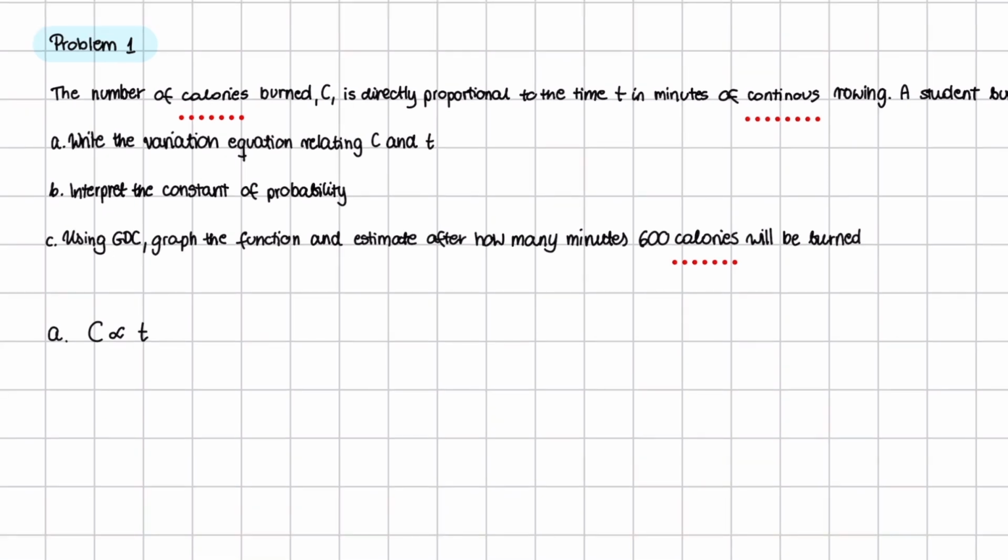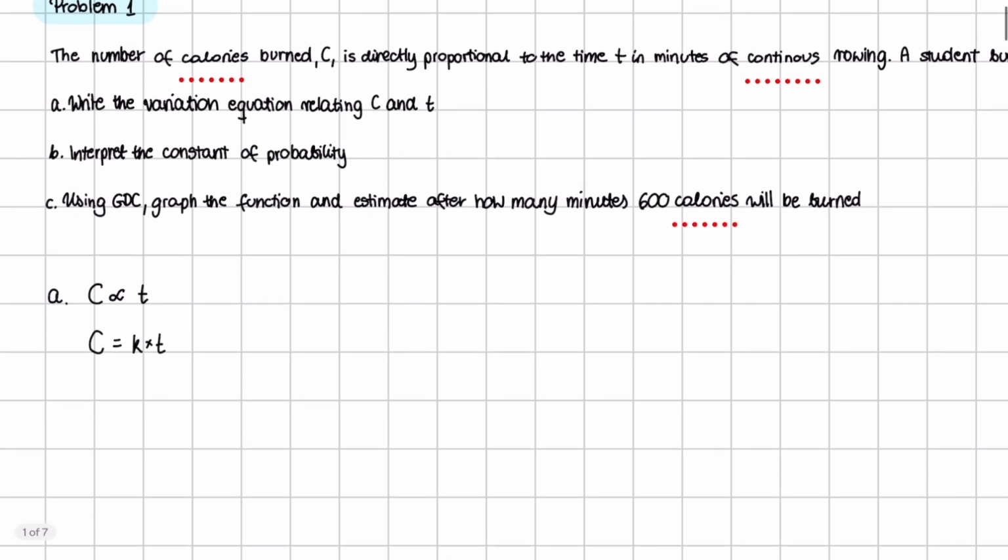And now we have to make an equation. So C equals, and always when we have something directly proportional to something, we have to remember a factor, very often denoted as K, times T.